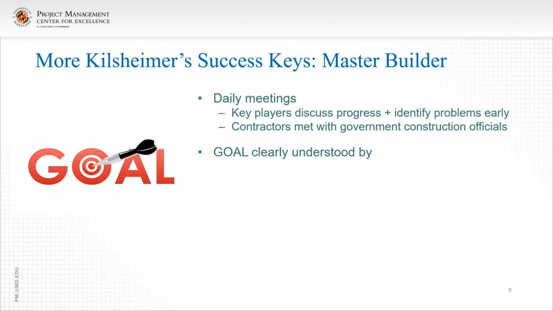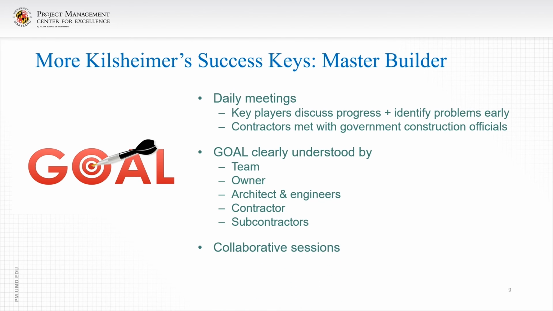The goal was clearly understood by the team, by the owner, the government, the architect, and the engineers, structural engineer, mechanical engineer, electrical engineer, the contractor, the subcontractors, and it was a collaborative session. The strategies to proceed faster worked. Everybody was on the same page, same music.